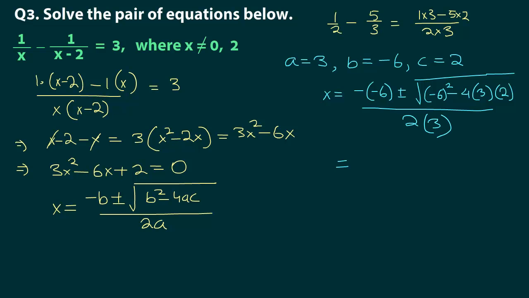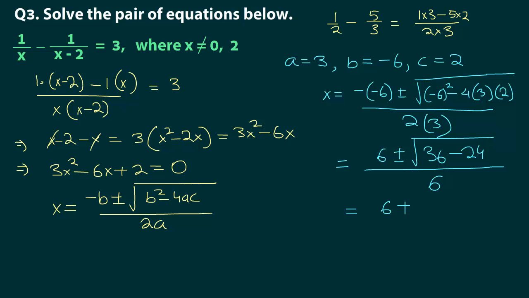So minus of minus 6 is 6, then plus minus square root of, minus 6 square is minus 6 times minus 6, which is 36. And this will be minus 4 times 3 times 2, which is 24, divided by 6. Now 36 minus 24 is going to be 12.